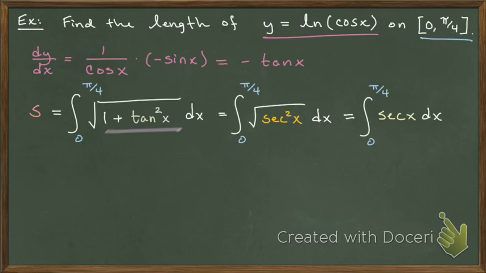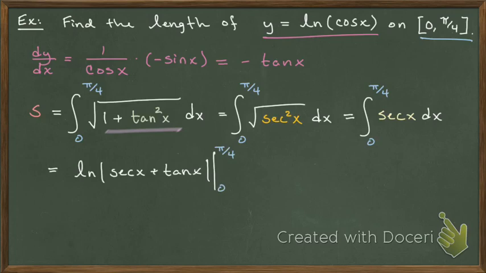This antiderivative you would probably have seen last semester in calculus. It requires a little bit of multiplication and then a u substitution, but you're able to integrate and end up with something like the integral of du over u. This is a natural log, and inside we end up with secant of x plus tangent of x.